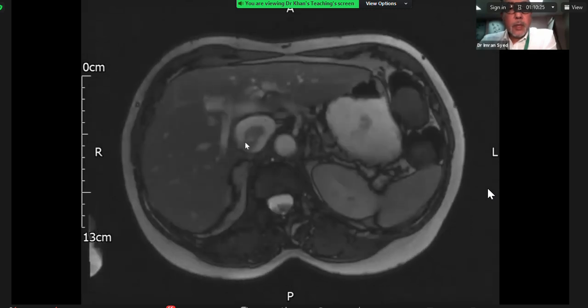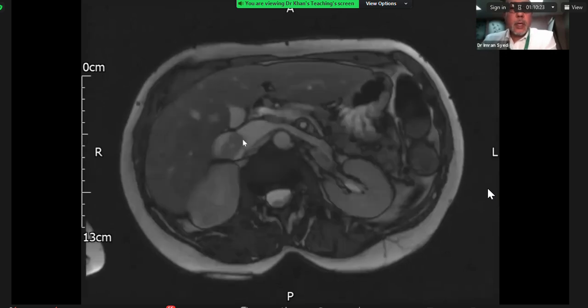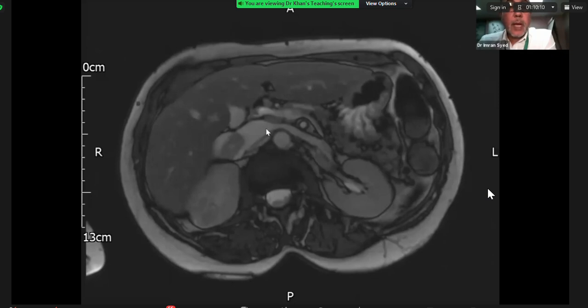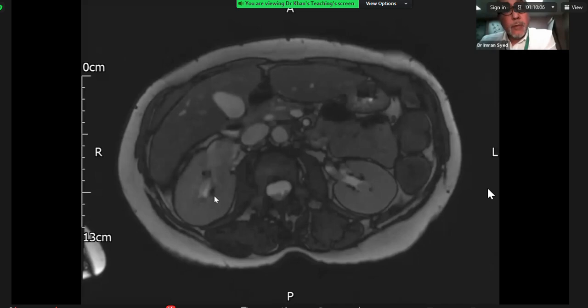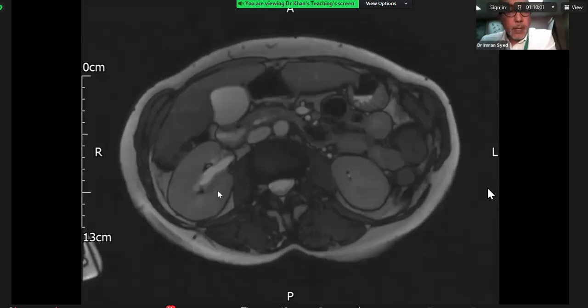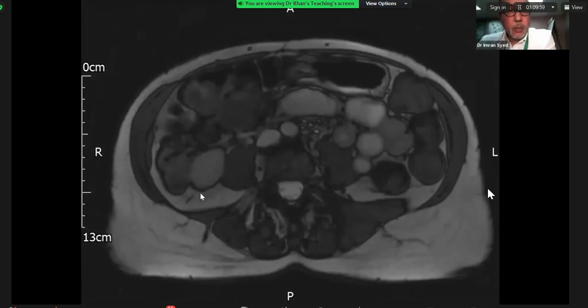Now this extends to the level of where the left renal vein is, but now you can see that the artifactual filling defect that we were seeing at the level of the left renal vein is no longer seen. So that may well have been admixture artifact in the context of tumour involvement of the renal vein. And as you come back in, you can see the tumour just here.